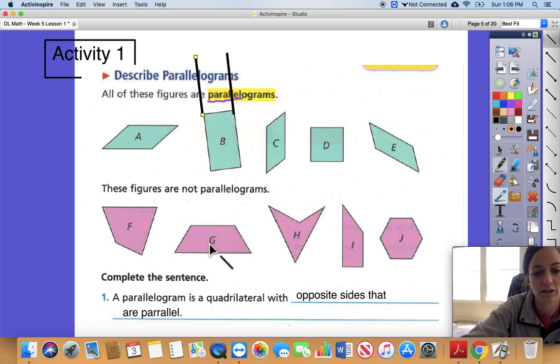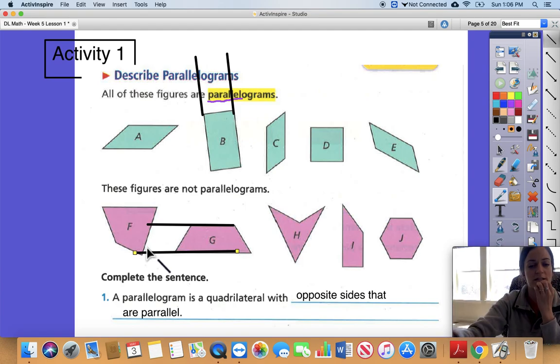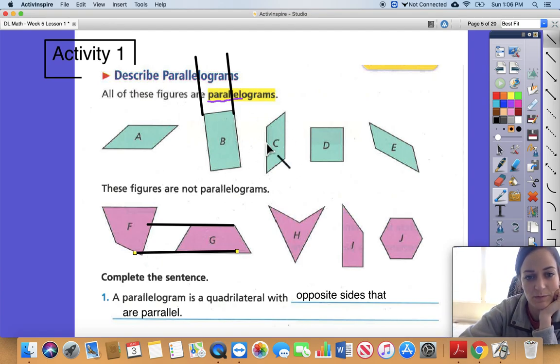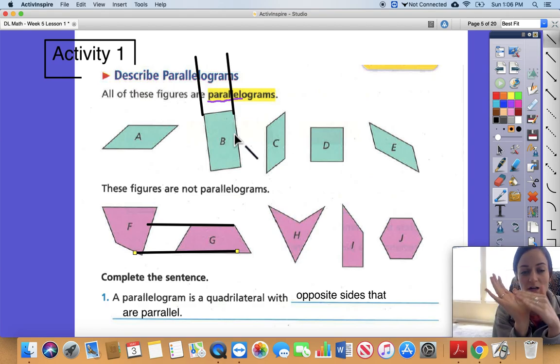What you're probably thinking down here on G, these ones do the same thing too. If I were to extend these opposite sides out, they're parallel to each other. They'll never touch either. They're parallel like this. So what makes these shapes parallelograms and these shapes not? These shapes have two pairs of opposite sides that are parallel.